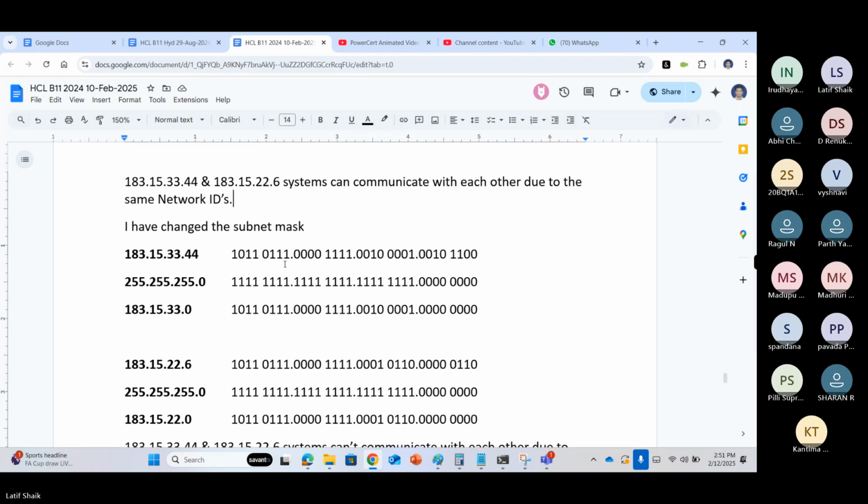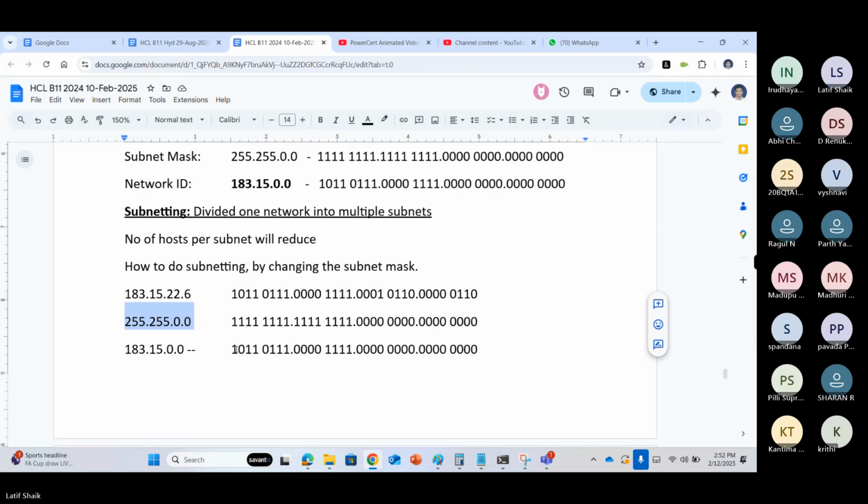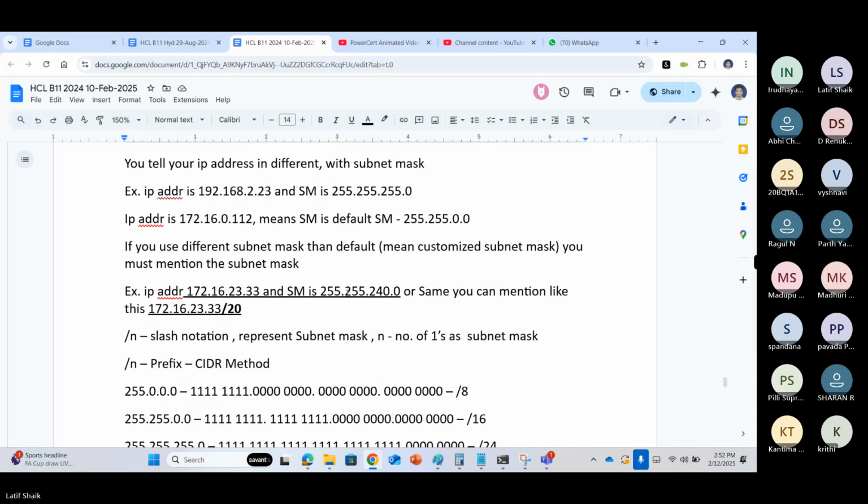Okay. So we achieve subnetting by changing the subnet mask itself. If you change the subnet mask, the network ID changes, and the network and host portions also change. Compulsorily, when you are specifying an IP address, you have to specify the subnet mask.